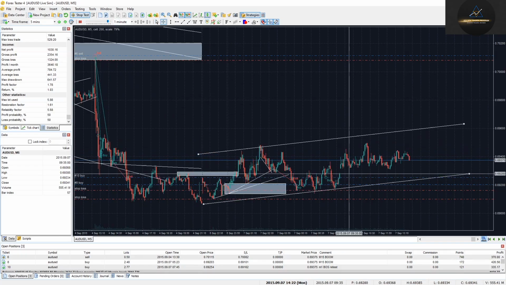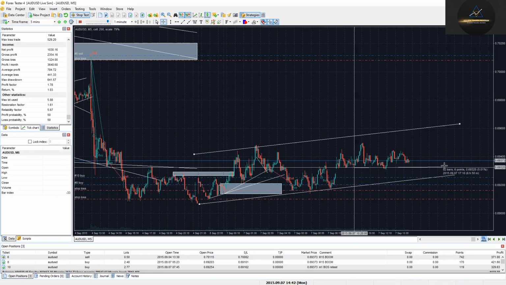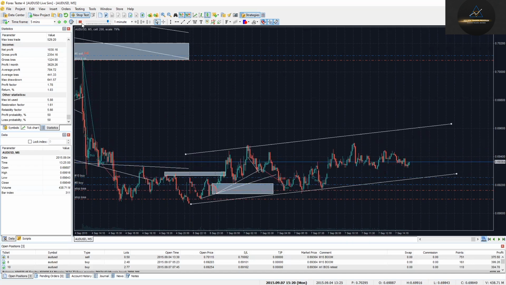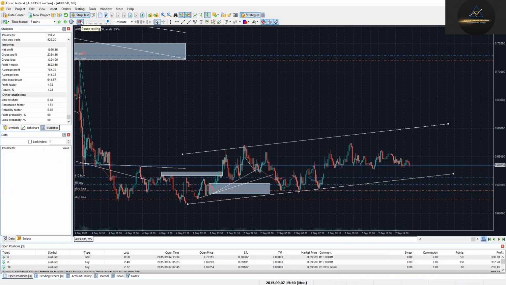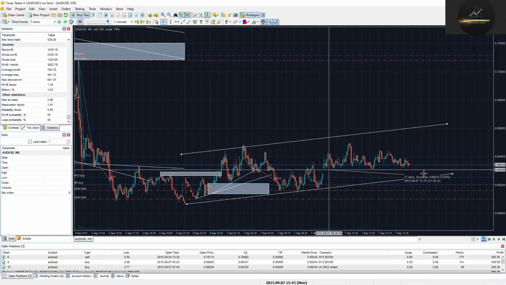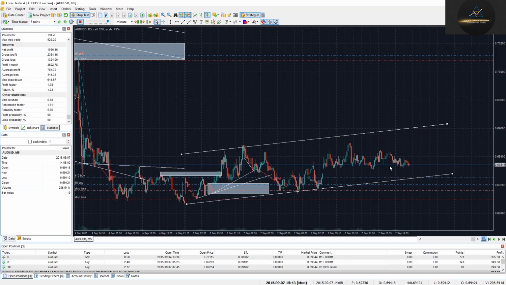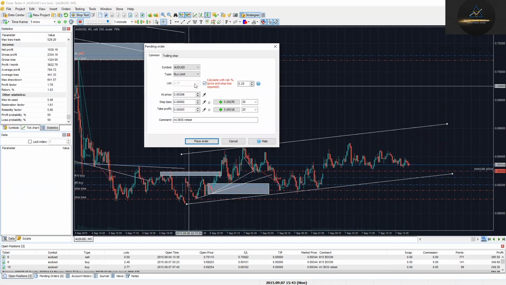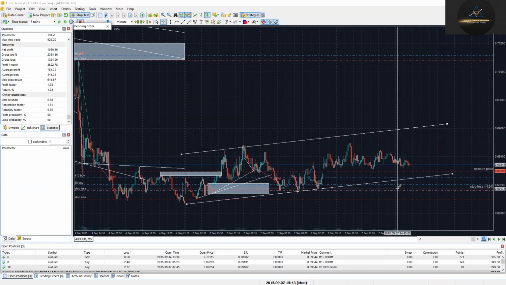Got some equal lows that might get taken out, and it's going to fill this imbalance. You see that liquidity pool right there, guys? You see how they're engineering these equal lows, and then there's this liquidity pool. I'm going to place a limit right here in the middle of that, and another 1/4%. Stop loss down here.